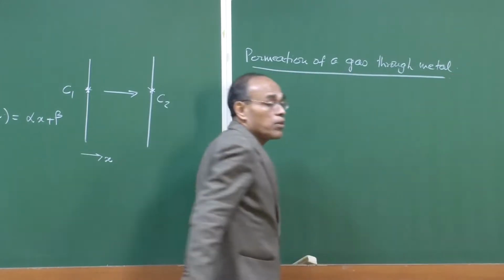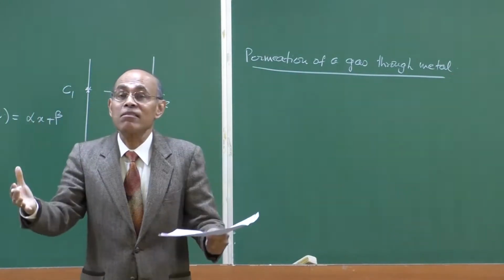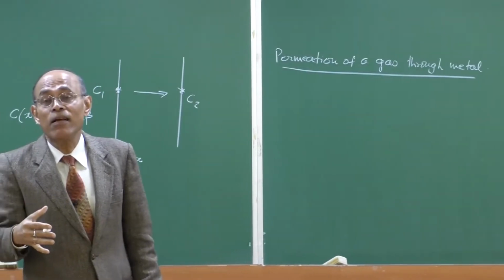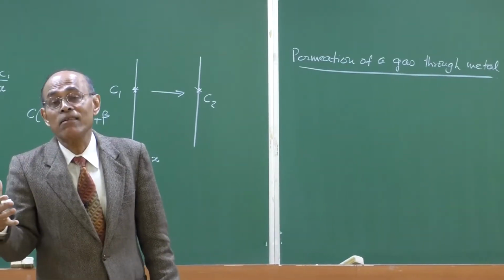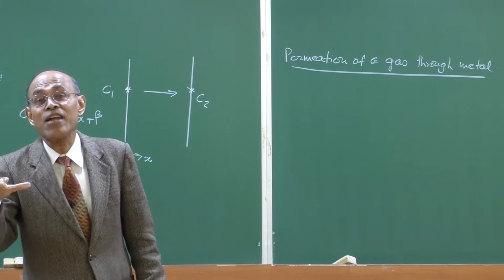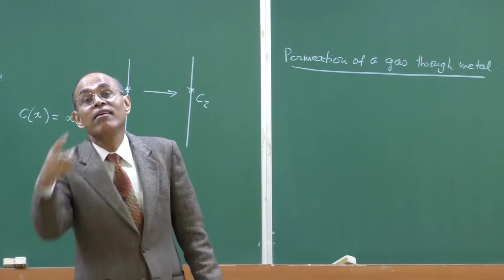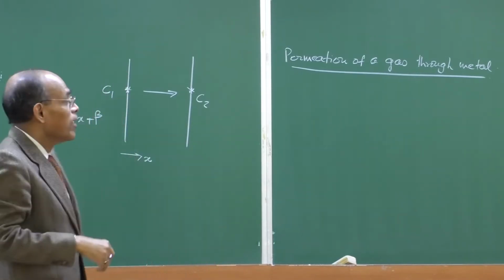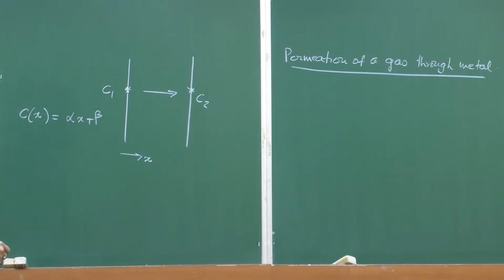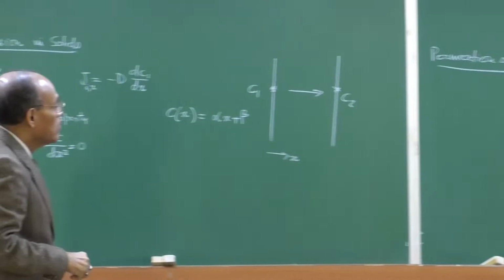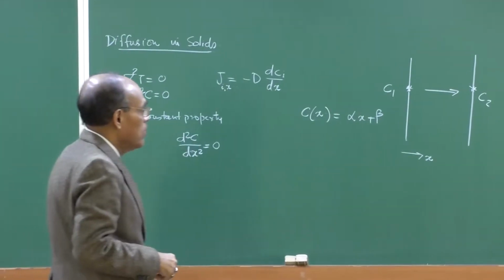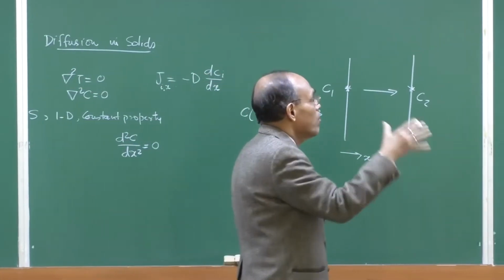So, for example, you may have a copper container containing pressurized hydrogen inside, and the hydrogen can diffuse and escape from the container to the ambient. So, that is basically permeation of hydrogen through copper, which is the vessel lining.